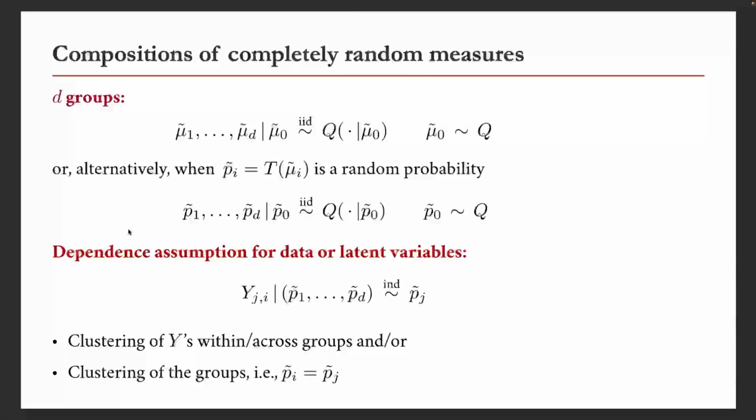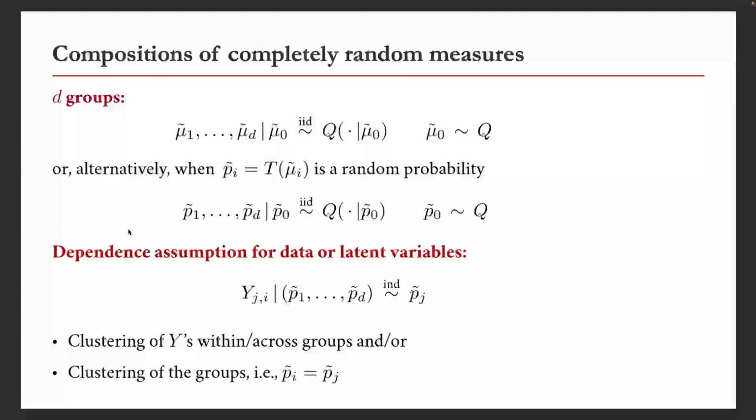Now, probably the most popular construction, which was echoed also in Jim's presentation, is a simple hierarchical structure, where you have the d measures that are conditionally IID given some random measure mu, having some distribution Q, or you can work directly on the random probability measures that are obtained by transformation of this completely random measure, again, according to a hierarchical structure.